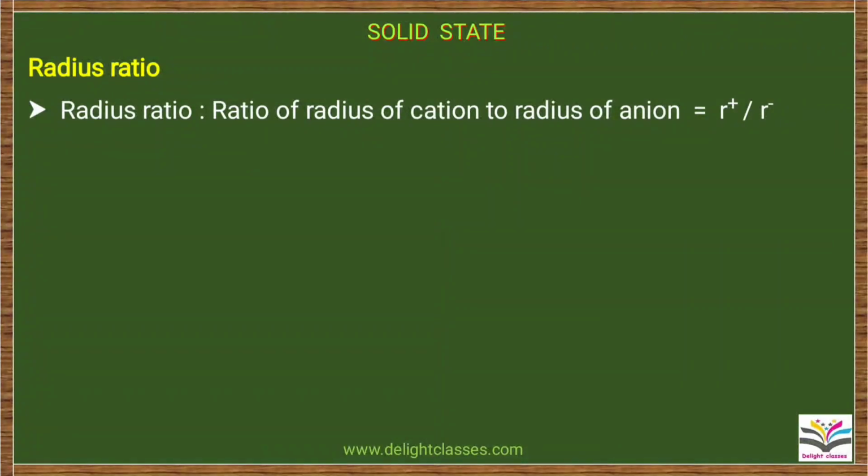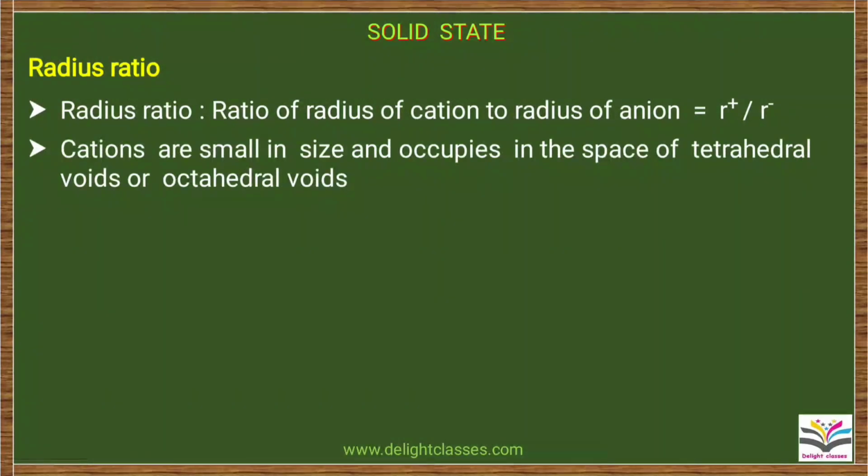Radius ratio: the ratio of the radius of cation to the radius of anion. Cations are small in size and occupy the space of tetrahedral voids or octahedral voids.